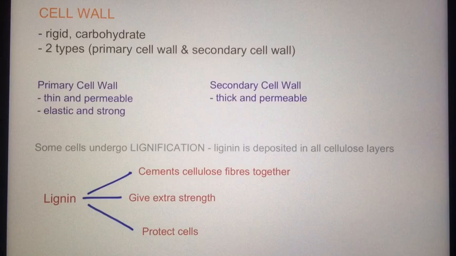Some cells do undergo lignification, whereby lignin is deposited in all the cellulose layers. What is the lignin for? It is used to cement the cellulose fibers together. It gives extra strength to the cells, and it even protects cells from damage.